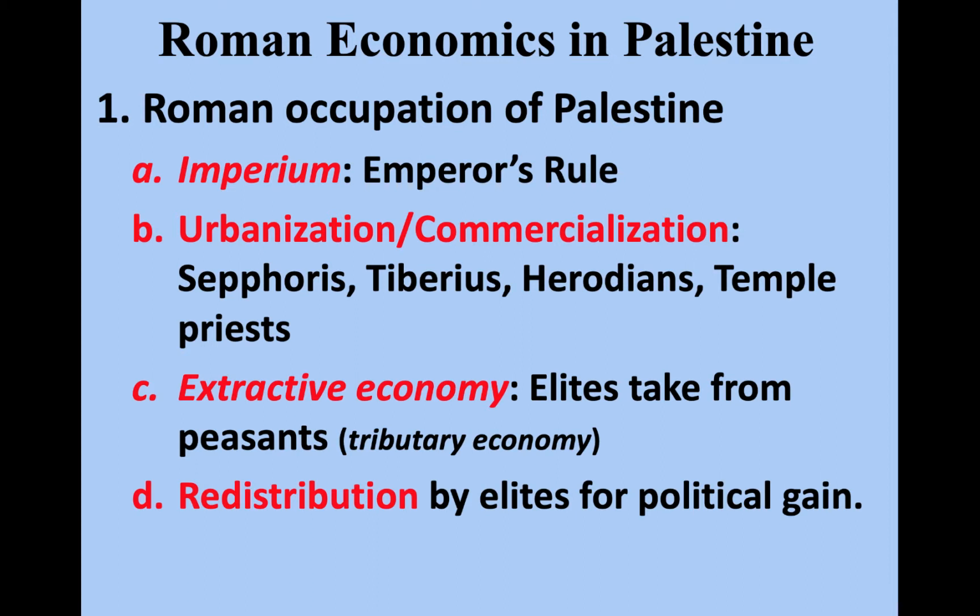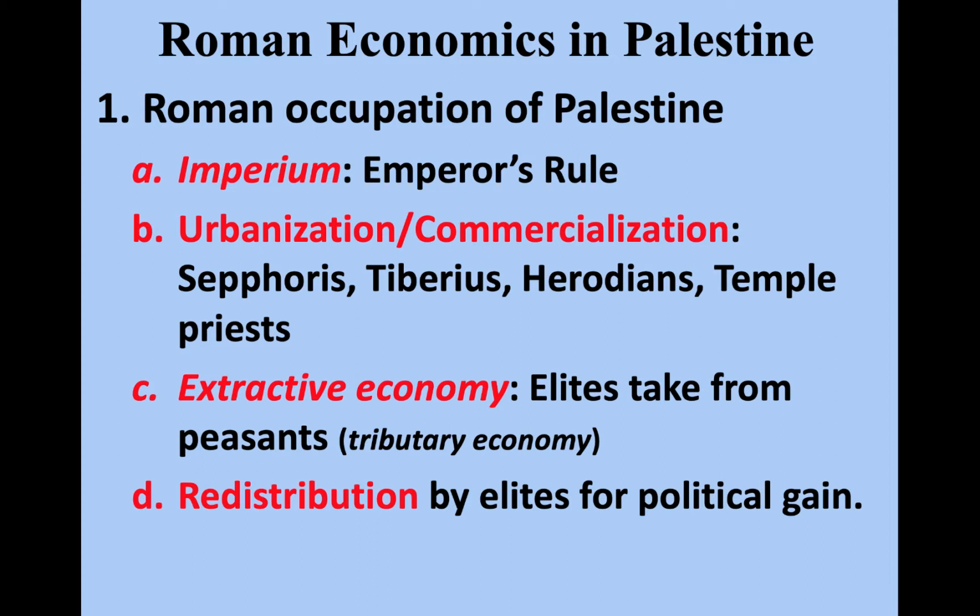Another one, Tiberius, ruled and governed in these areas by the Herods or the Herodians, and the temple priests in Jerusalem. So urbanization and commercialization was one way that Rome colonized people, and this, while benefiting the rich collaborators with Rome, was devastating to the common Jew.